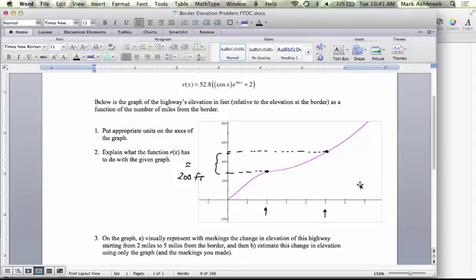Well, that's given in hundreds of feet, but this graph says the highway's elevation in feet. 200 feet would be pretty steep. But this graph is given in feet. So yeah, 200. This being in hundreds of feet, I don't know, it might be realistic, but I'm thinking that'd be way too steep.